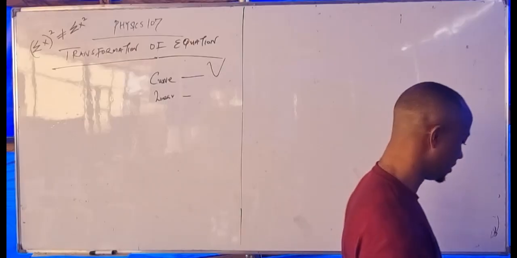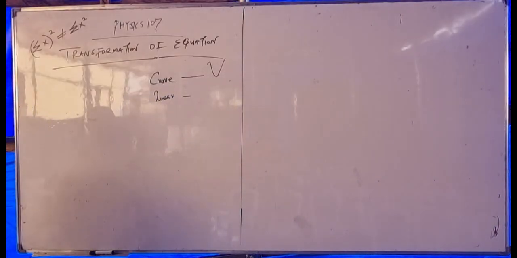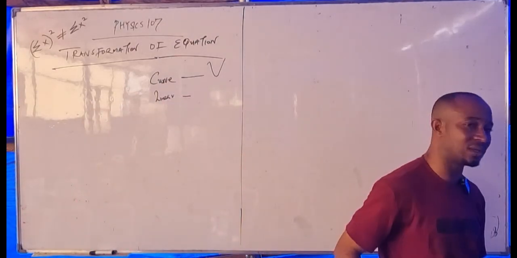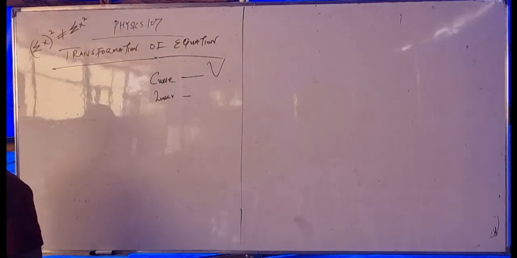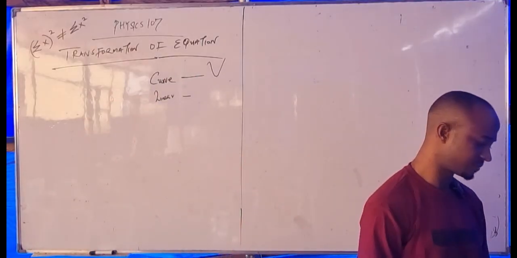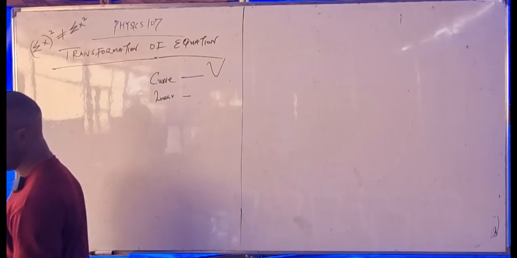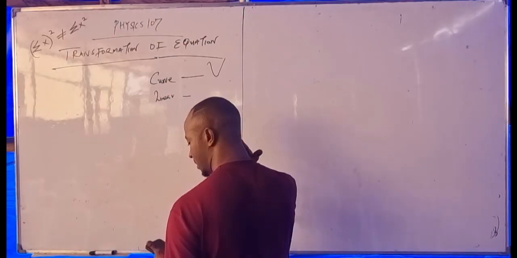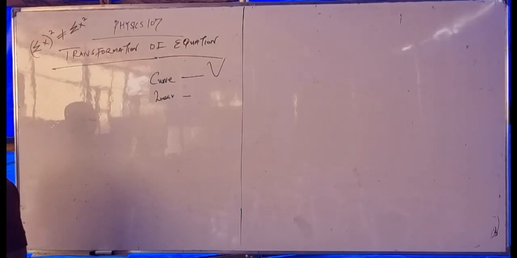Number one, I repeat again, to obtain a straight line graph, which is easy to analyze. Number two, to determine constants such as slope, intercept, etc. Number three, to check if the experimental results obey a known law.